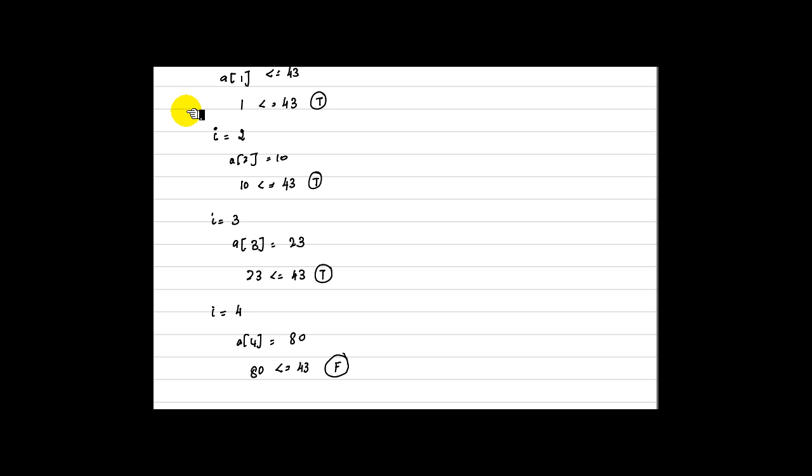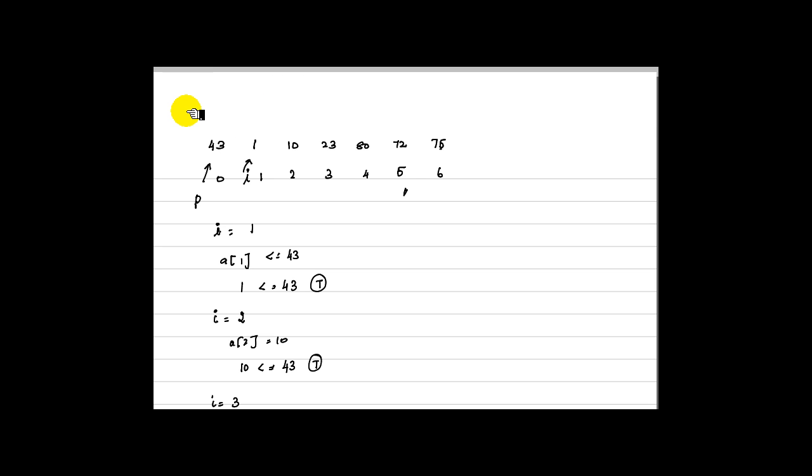So it moves on to the j loop. J is now 5 over here. So a of j is 72. Check 72 greater than or equal to 43. The condition is true, so j gets decremented by 1.